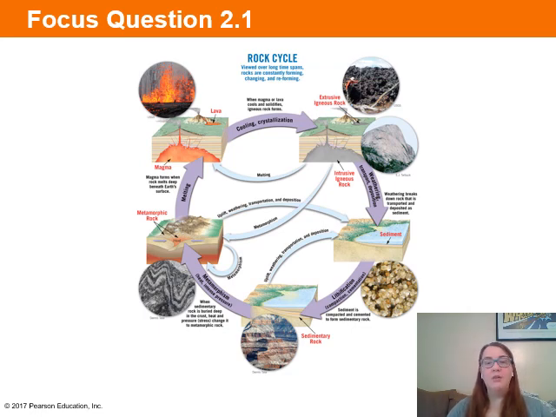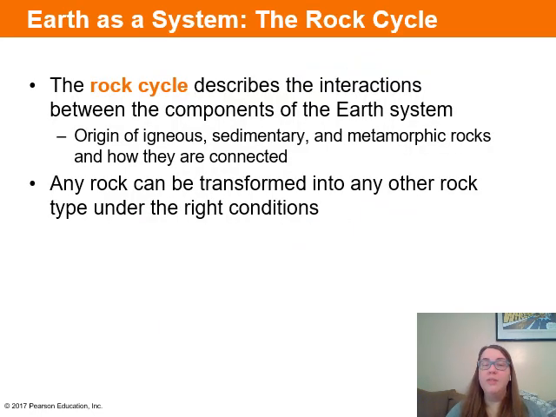So with this rock cycle, we're just taking one type of rock and transforming it into a new type of rock. And whatever processes are being used, whether it's lava cooling down and turning into a solid, or heat and pressure, is going to determine what type of rock forms. So again, with this rock cycle, we're just changing one type of rock into another type.